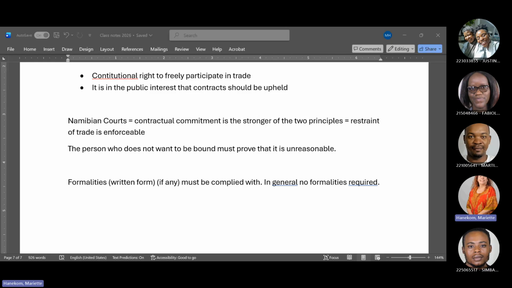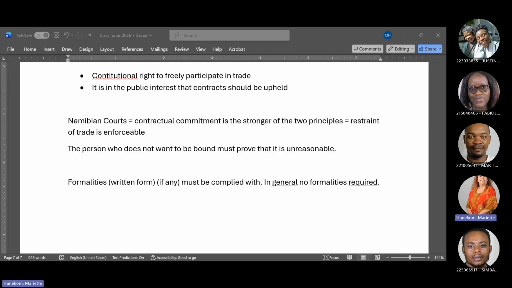We're talking about people with contractual capacity contracting on equal footing. And of course, they can then, when they enter into the contract, decide what they want in this contract. And yes, you are 100% correct. An NDA, a non-disclosure agreement, is probably a more reasonable way of protecting trade secrets rather than a restraint of trade.